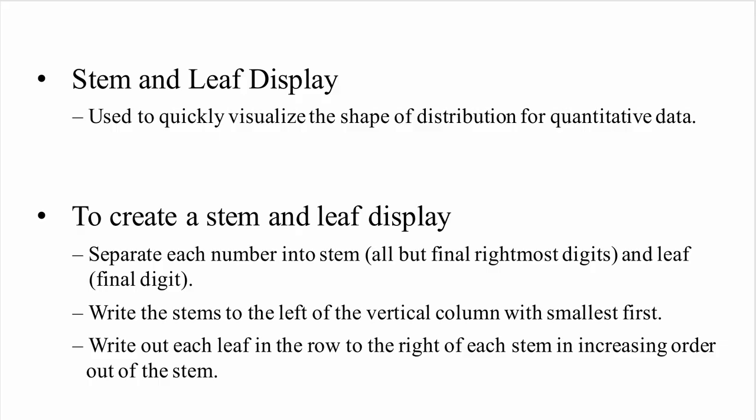Okay, now the next thing I would like us to discuss, and I will bring this section to a close, I'm sorry, taking a bit longer, is the stem and leaf display. This is also another way to visualize the shape of our distribution for quantitative variables. How do you create a stem and leaf display?